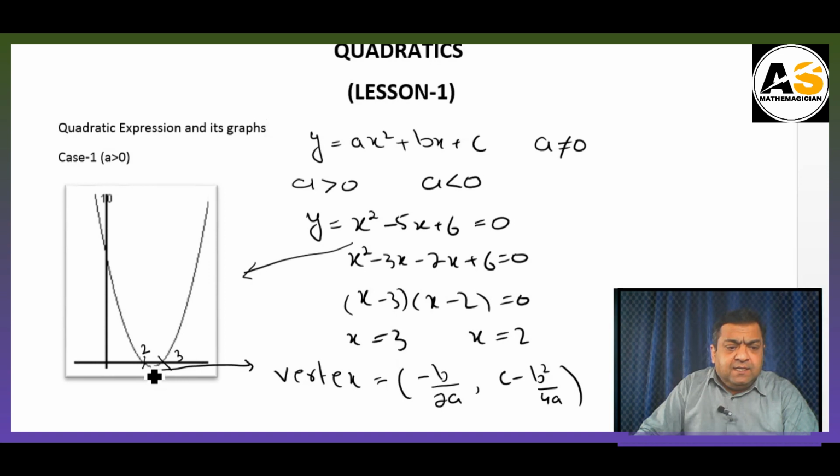It means before crossing the x-axis it is positive and then it is negative. When it turns back and crosses the x-axis again, it is again positive.